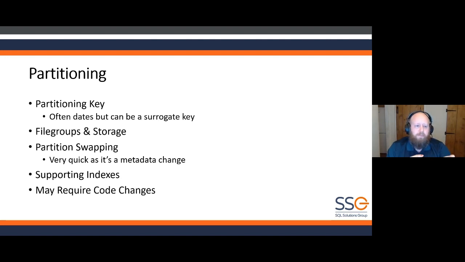Alternatively, if you're always querying on an ID field, so an identity, a surrogate key, if you're always querying for order ID X, order ID Y, whatever, you can partition on that. It's not as simple for humans to understand as a date. So you can see there's a month's worth of data, but let's say you've got 100 million order IDs.